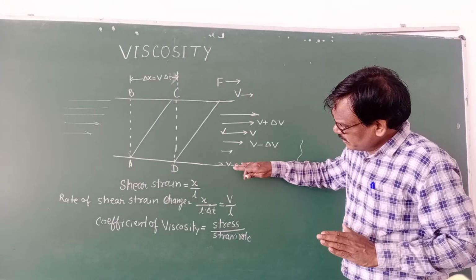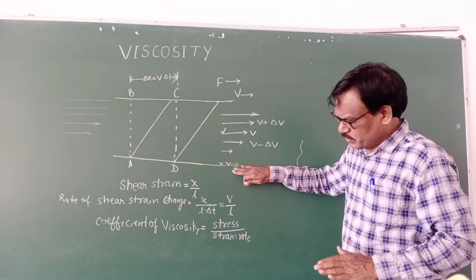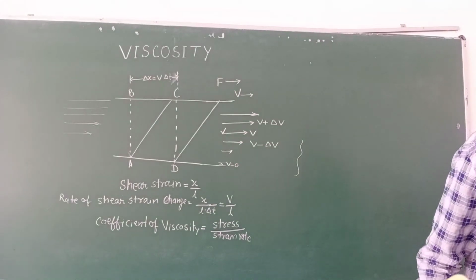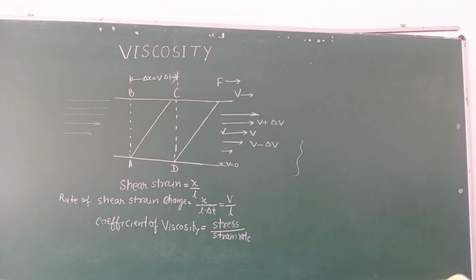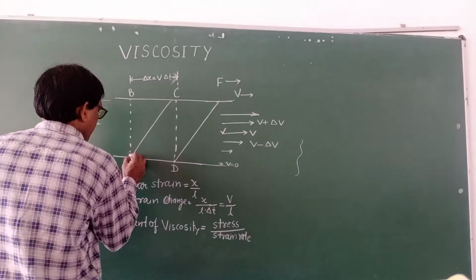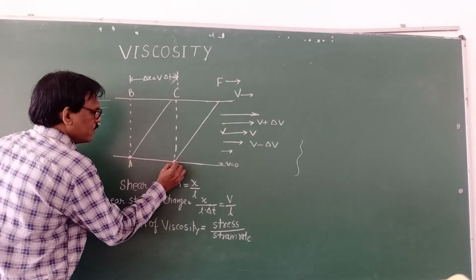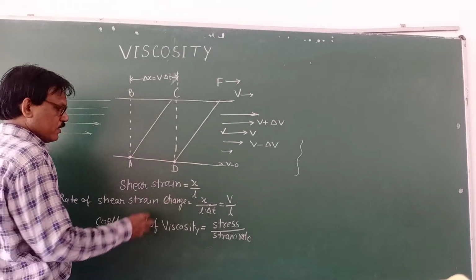So we can consider it as almost zero speed, almost zero velocity. Now see, it is like the modulus of rigidity, in which if you fix these two ends, suppose A and B are the two positions, and these two are fixed.